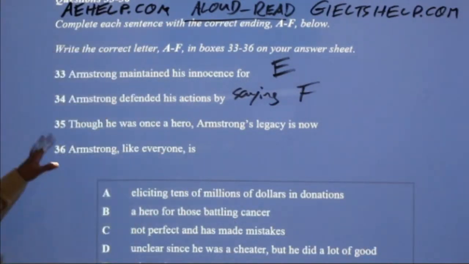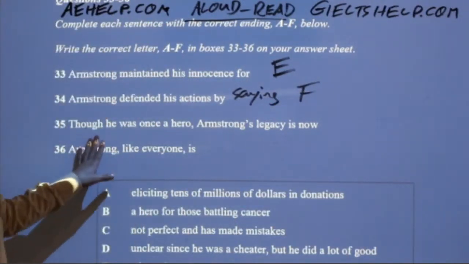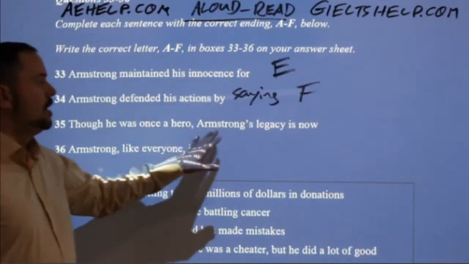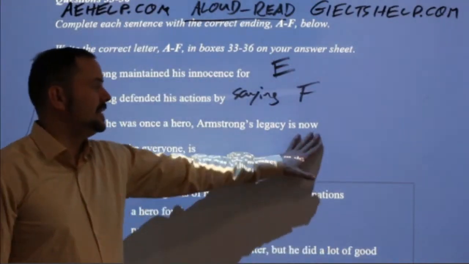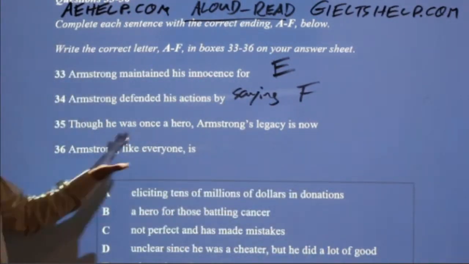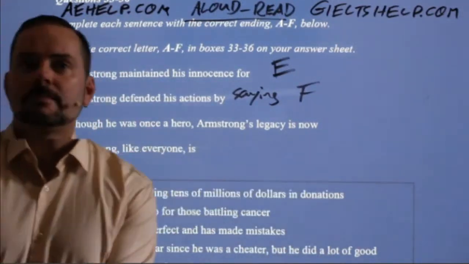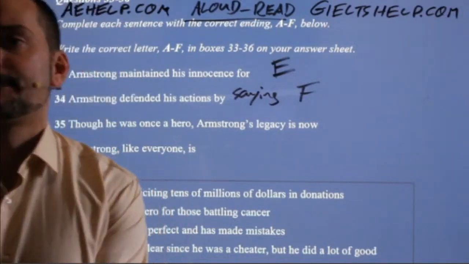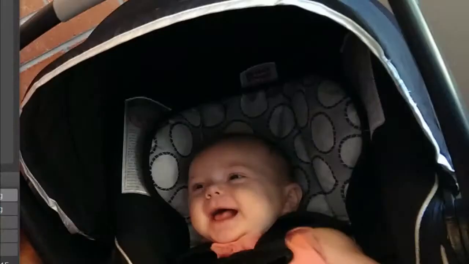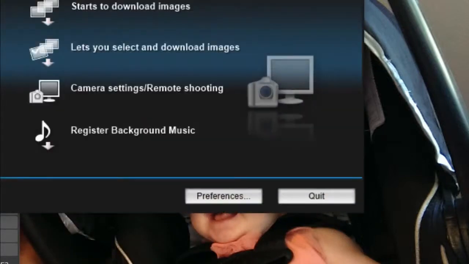Okay, number 35. Though he was once a hero, Armstrong's legacy is now what? So he is once a hero. What is his legacy now? And again, I can finish this sentence. I remember, just a sec, I saw that the camera fell asleep there.